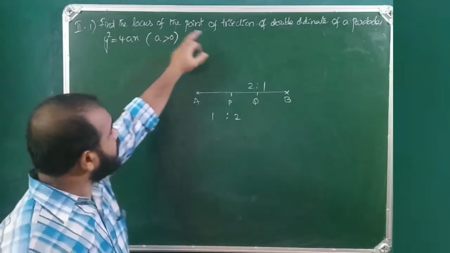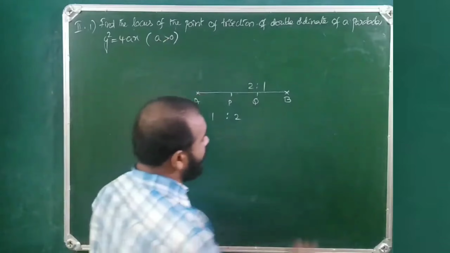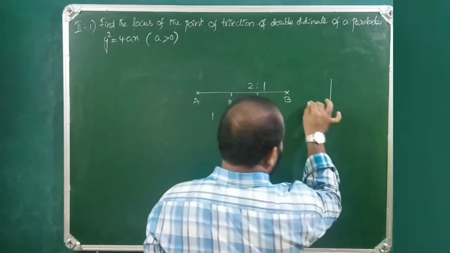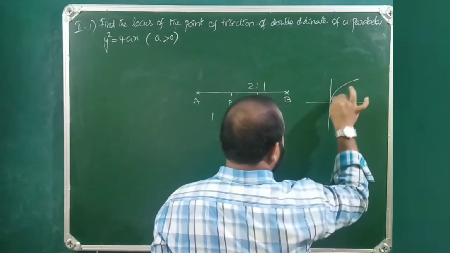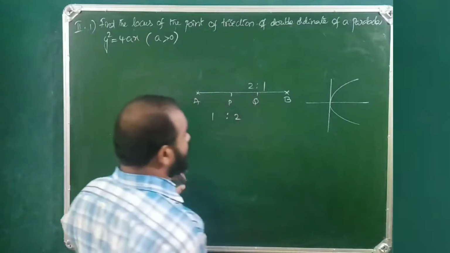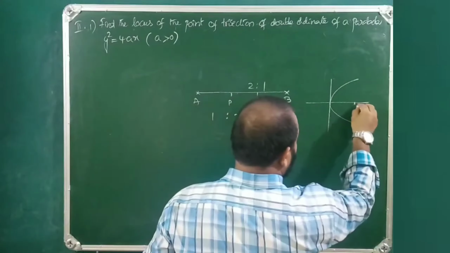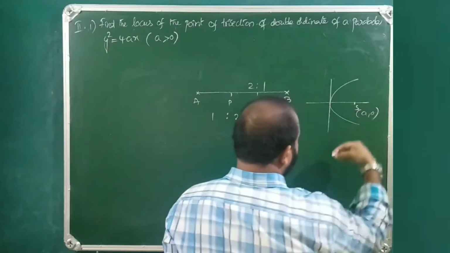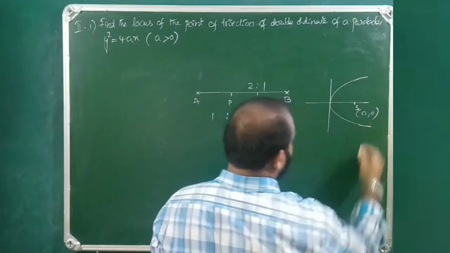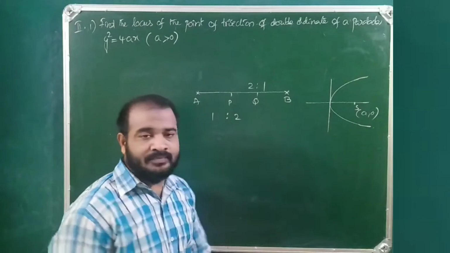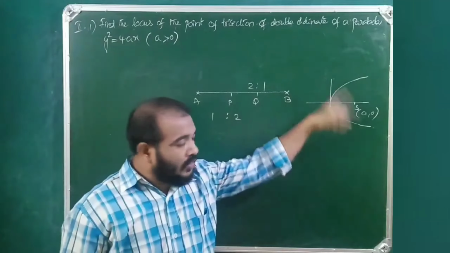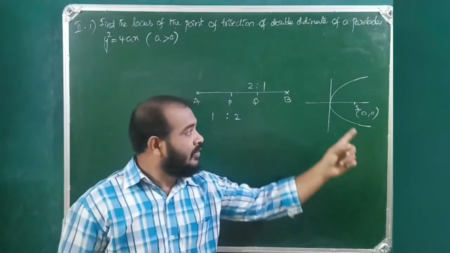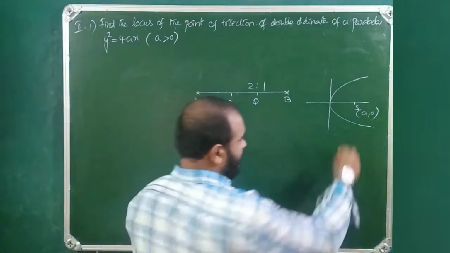So here, find the locus of the point of trisection of a double ordinate. That means let us suppose that this is our parabola y square equals 4ax, with S being the focus here, (a, 0). Double ordinate means a chord which is perpendicular to the axis.